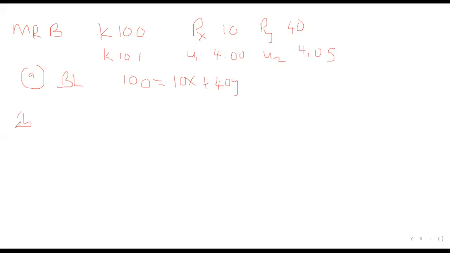But for B, we're asked to find the marginal rate of substitution of X for Y. So here we know the marginal rate of substitution is the price of X over the price of Y. So here we're going to have negative 10 over 40, which is negative 0.25.